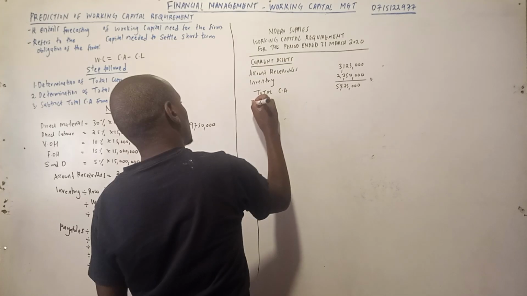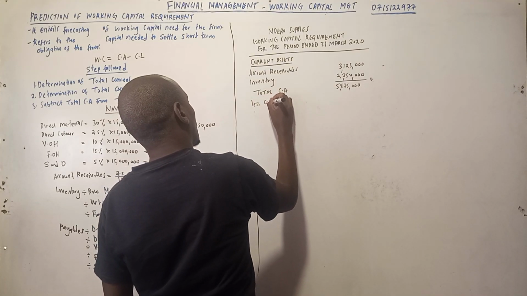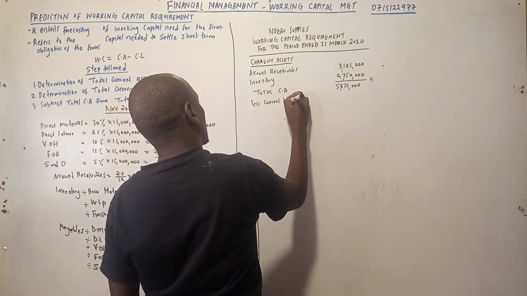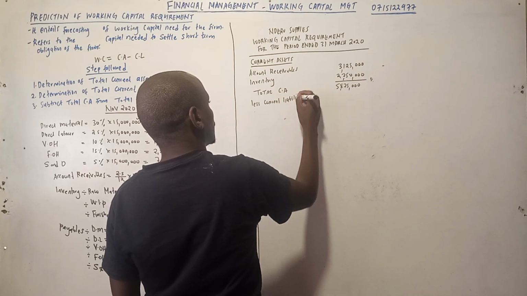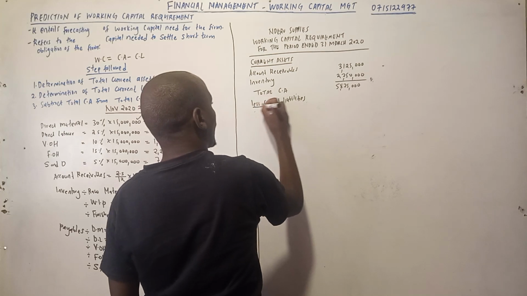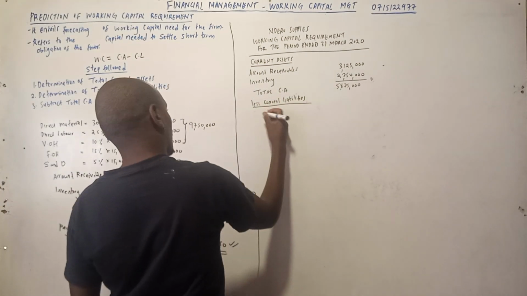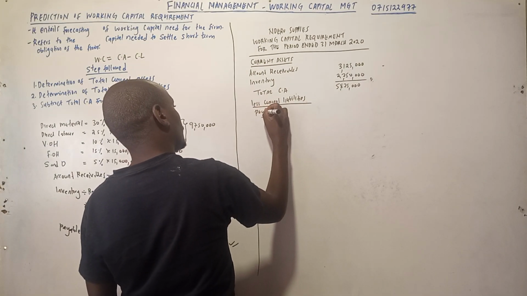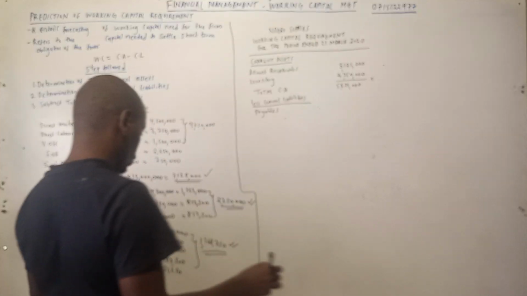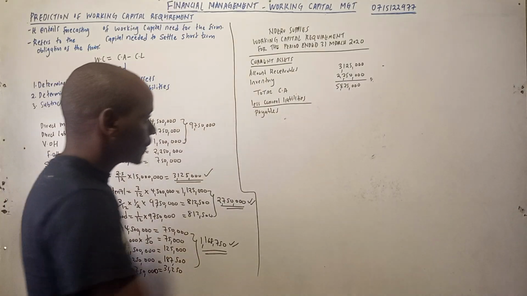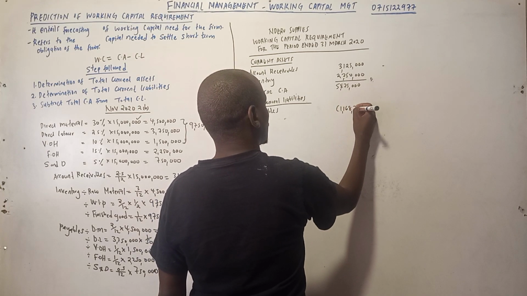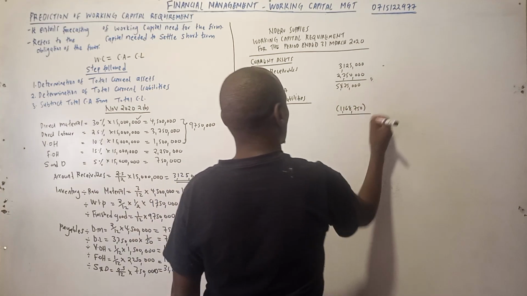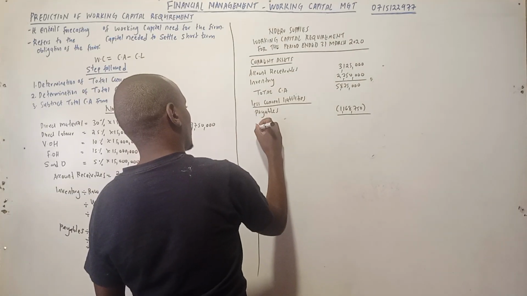Then we less current liabilities, and it is only one in this case. So we have payables. Payables is this 1168,750. So we less 1168,750 so that we can get the working capital requirement.